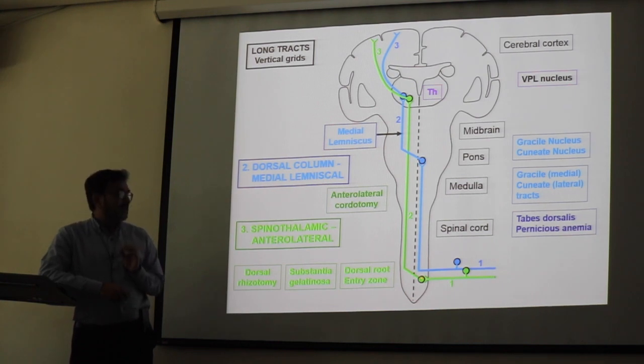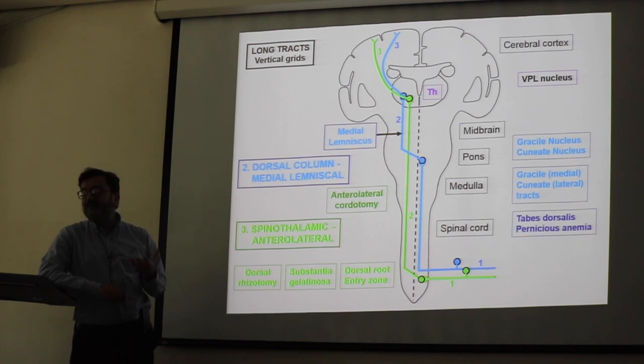So the cell bodies of the second order neurons in terms of the spinothalamic pathway are present at the level of spinal cord, and they are mainly substantia gelatinosa cells. The axons of the second order are going to cross at the spinal cord level into the contralateral white column, ascend throughout the spinal cord, and reach medulla.